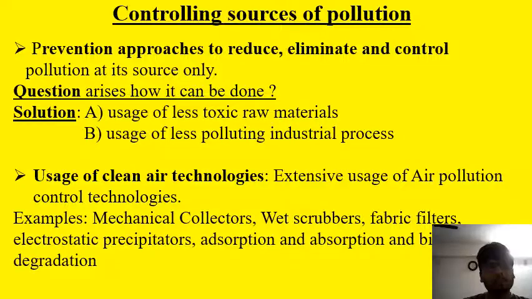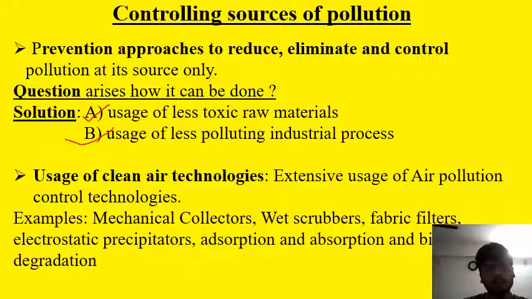Next is prevention approaches to reduce, eliminate, and control pollution at its source only. Now the question is how it can be done. The first possible solution is usage of less toxic raw material, and the next is usage of less polluting industrial processes.